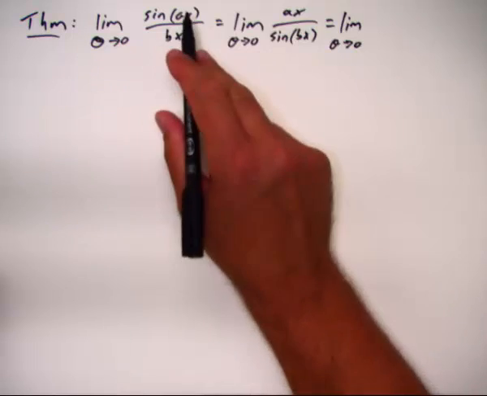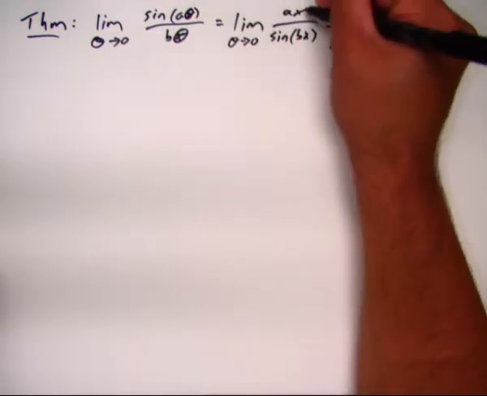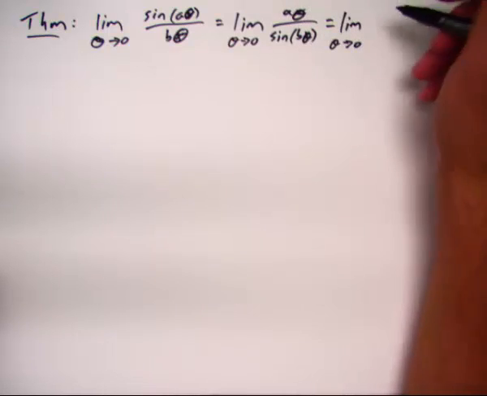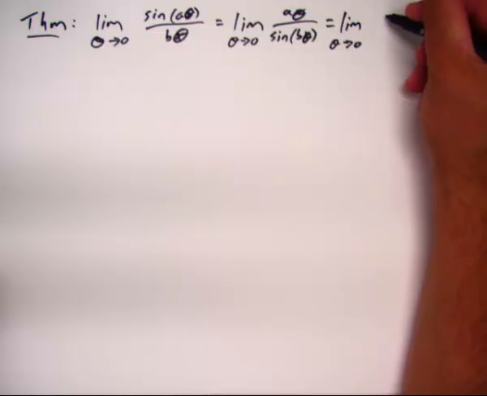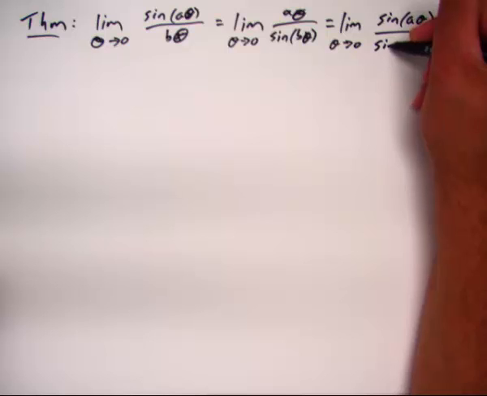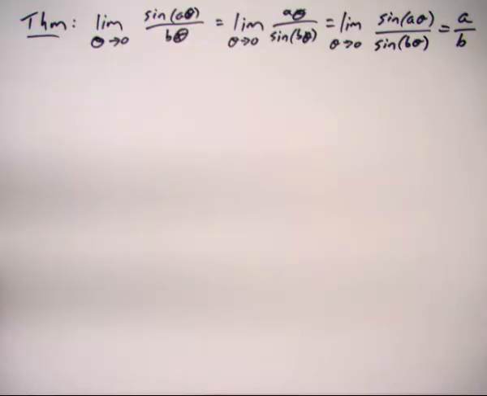I don't know why these are thetas while these ones are x's. Well, I do know it's because I am not very good at paying attention. There we are. Limit as theta goes to 0 of sine of a theta over sine of b theta, and each and every single one of these is equal to a over b.